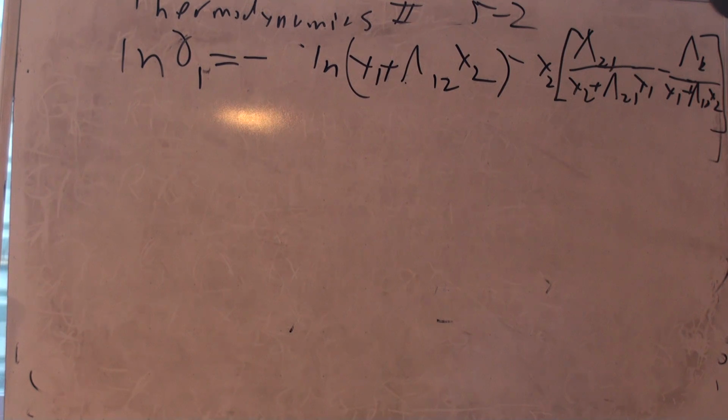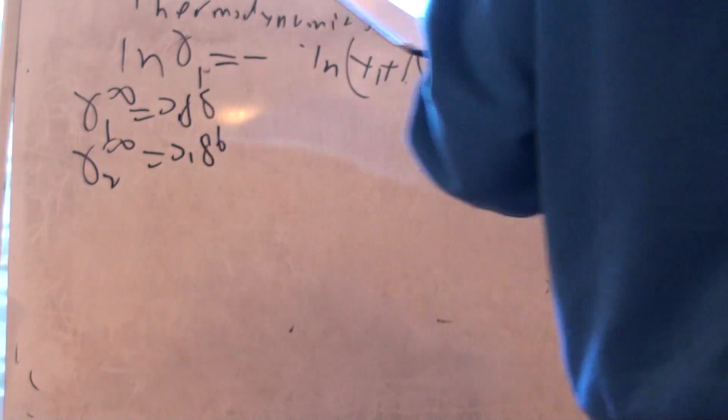So if I go to 7.1 really quickly, I'm taking these infinite dilution coefficients, so I have gamma 1 infinity is equal to 0.88, and gamma 2 infinity, which is equal to 0.86.